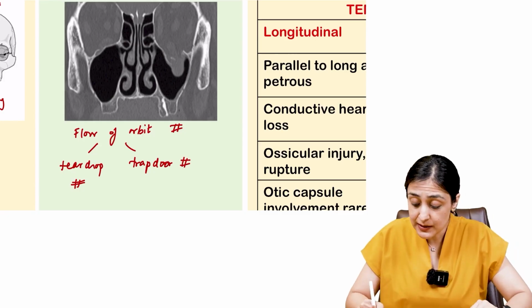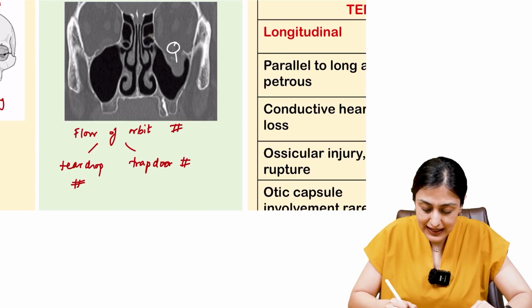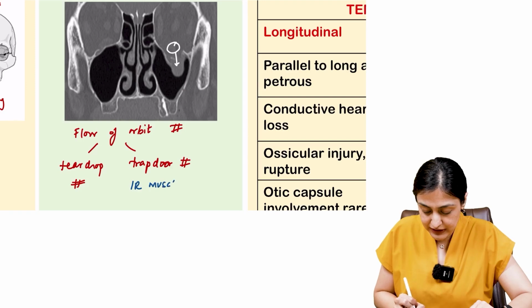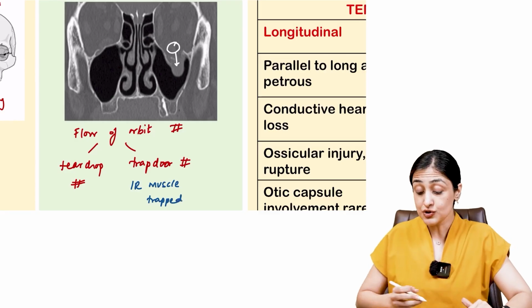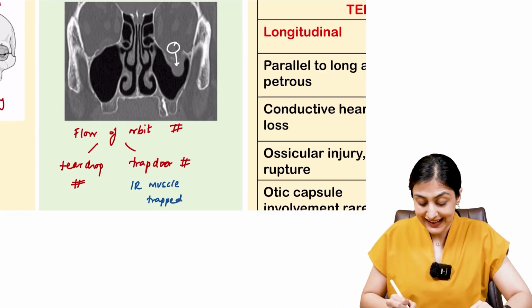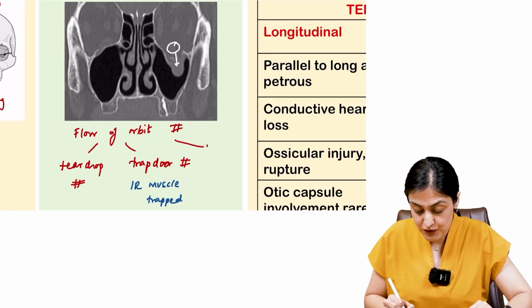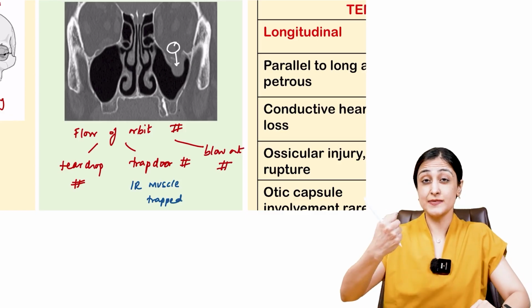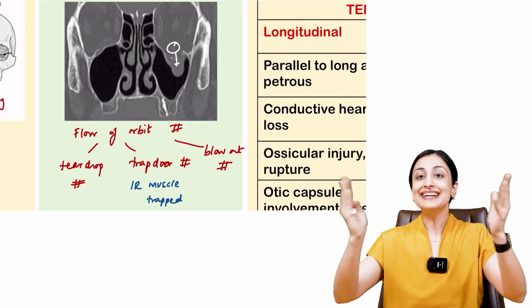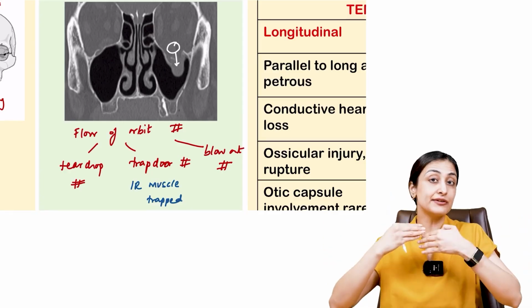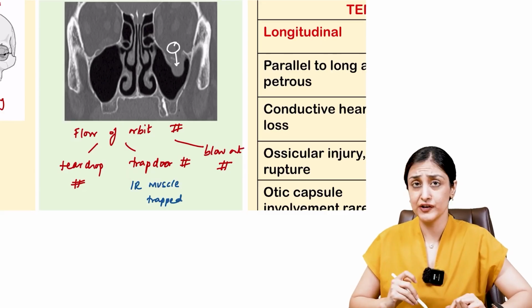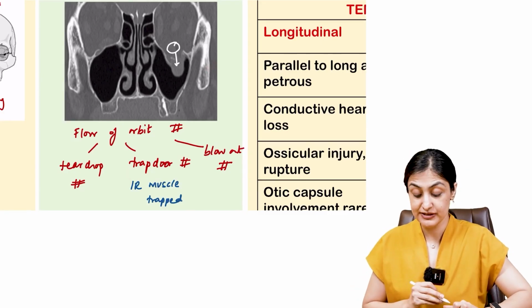That tells you that something must be getting trapped. So that happens to be the inferior rectus. So this is where the inferior rectus muscle can get entrapped. Yeah. So that's trapdoor fracture. And then another name is blowout fracture, and that suggests the mechanism. Somebody giving a blow into the orbit, the intraorbital pressure increases and the floor gives way, right? So just if you know the 3 names, you'll be able to figure it out. So this is floor of orbit fracture.